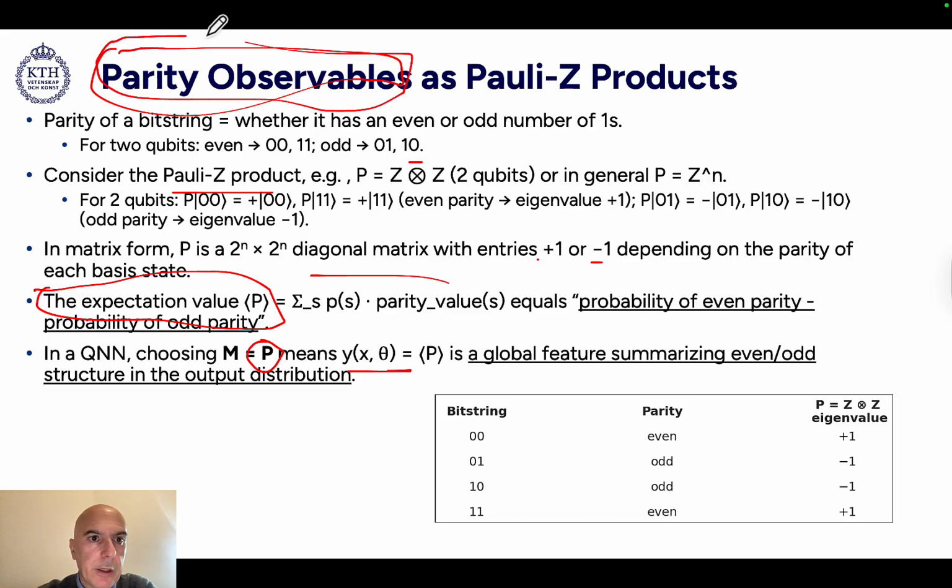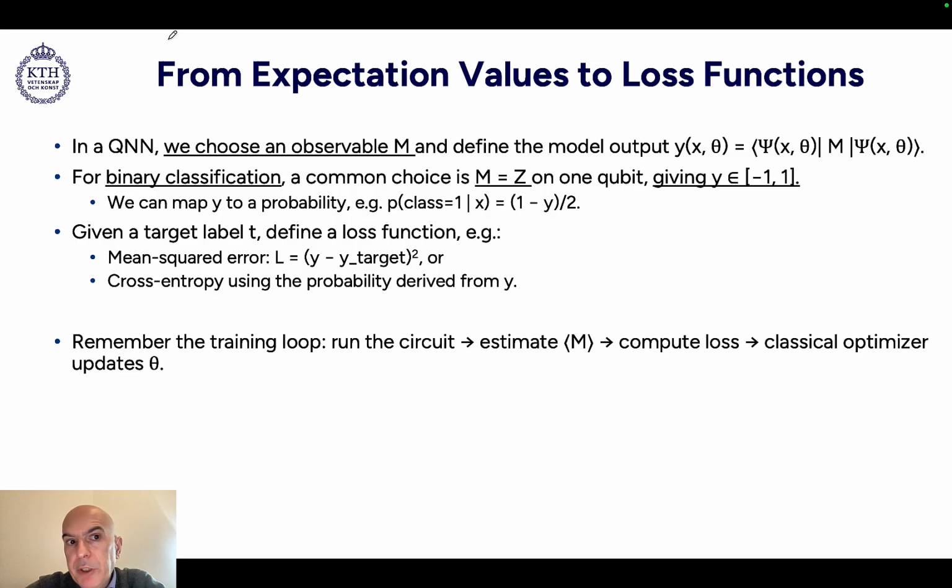In a QNN, we choose an observable M and define the model output taking this observable. So for binary classification, a common choice is to take Z on a qubit as the observable, and this will give values between -1 and +1 as the outcome of the measurement.